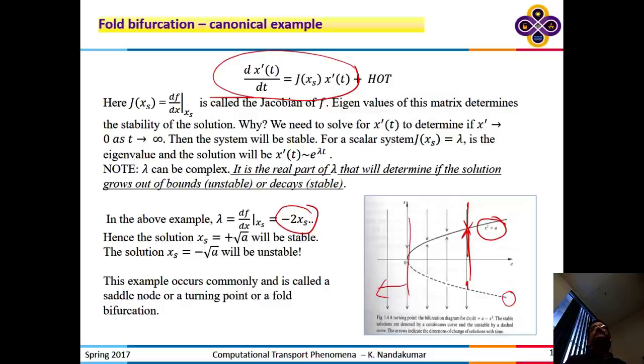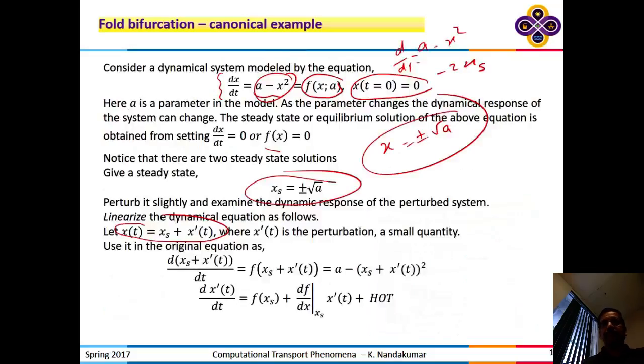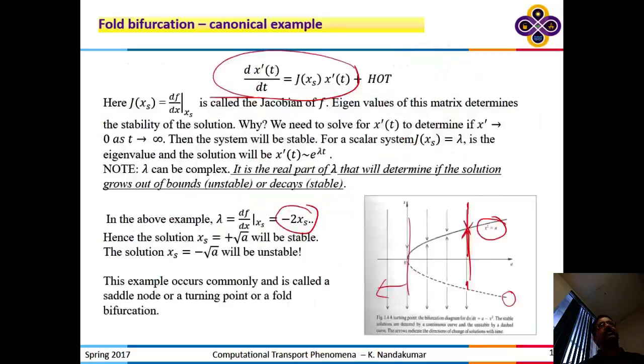Any questions? I didn't really understand why, when x has this square root of a with the negative sign, it will be unstable. The first thing to ask is, do you understand that there are two solutions? Oh yes, yeah. Okay, they come from this, plus and minus. Yeah. Okay, so there is a plus square root of a as a solution, minus square root of a as a solution.